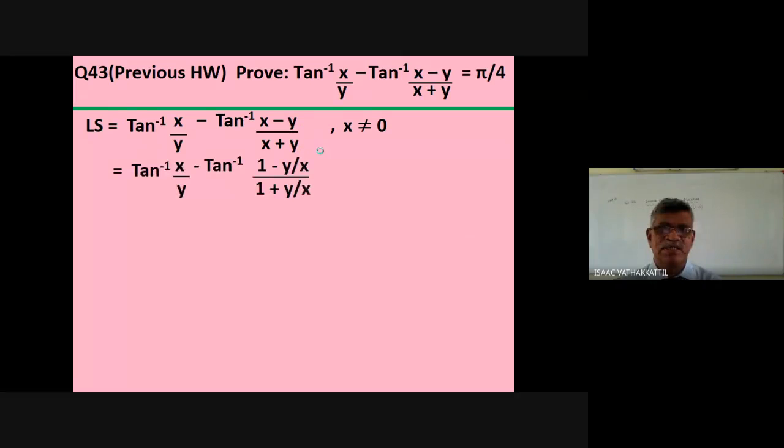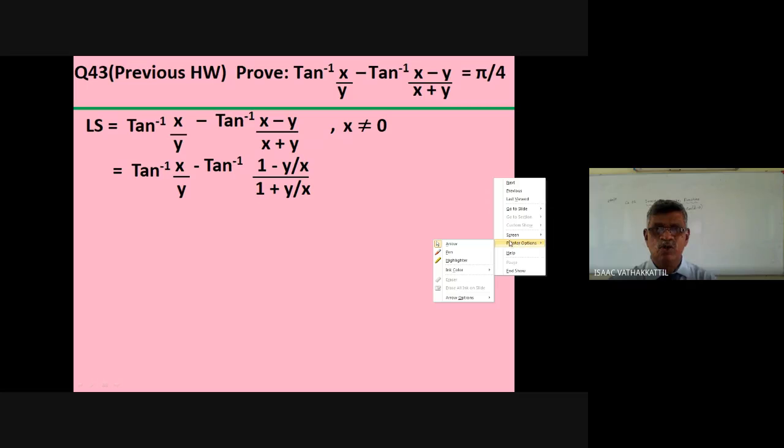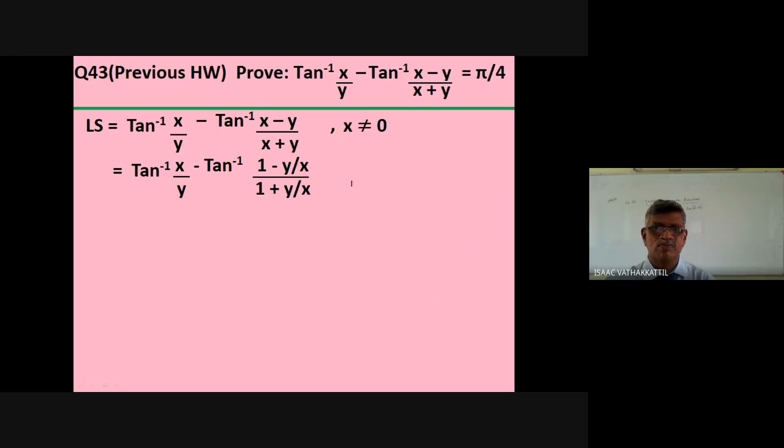Is it clear? I divided tan inverse numerator and denominator with x, and I take a granted x is not equal to 0.